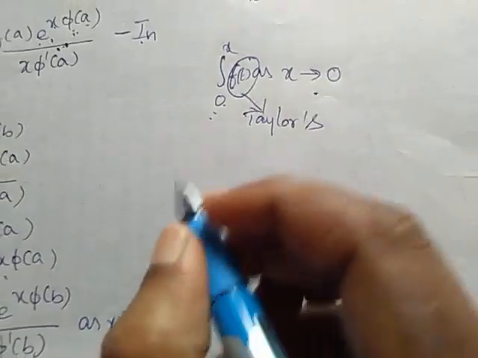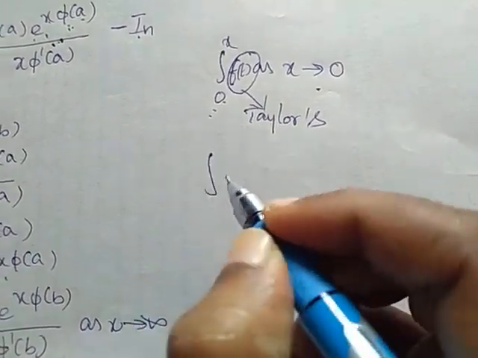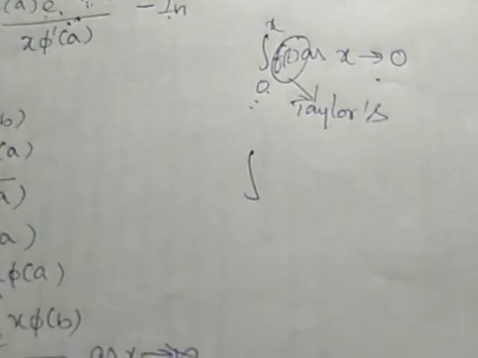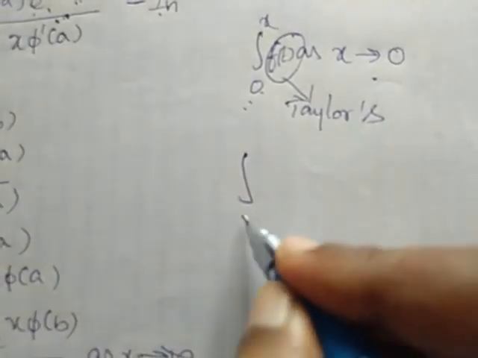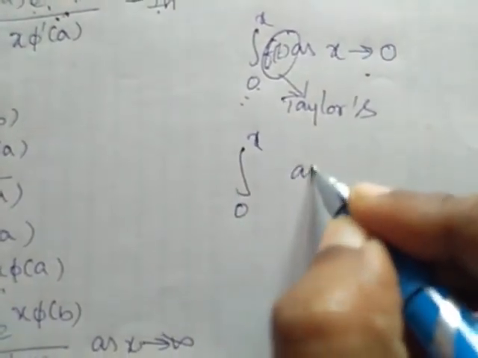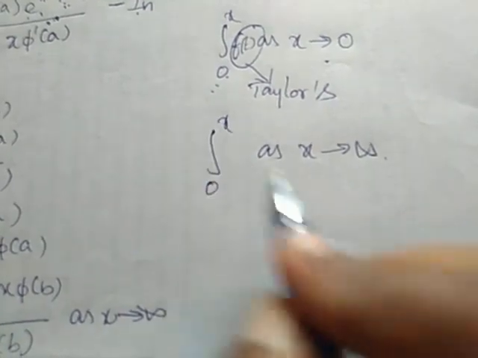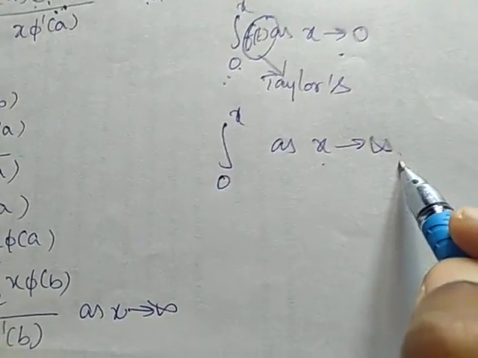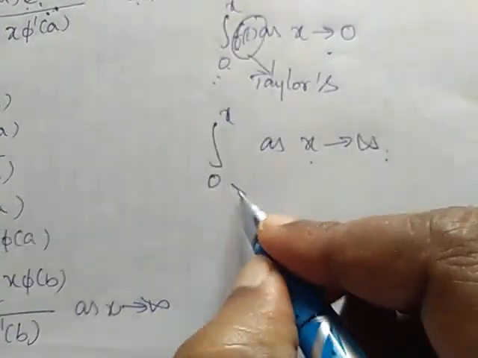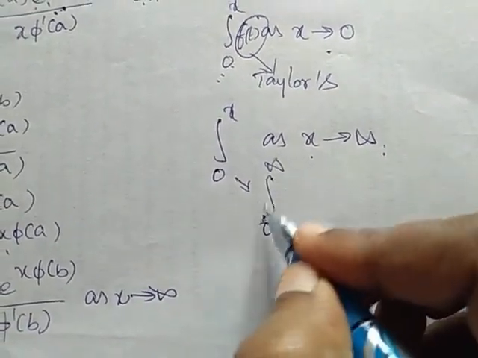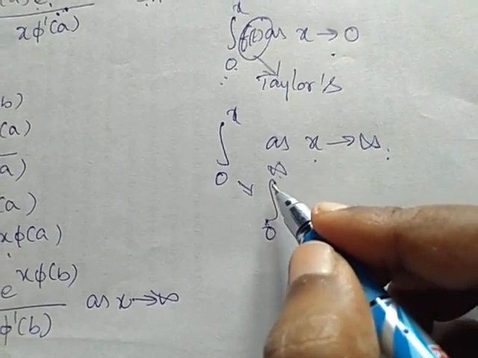Suppose you have the integral from 0 to x as x tends to infinity. Then you have to split this integral as 0 to infinity plus the integral to x. Between 0 to infinity, we will get a standard gamma function integral.